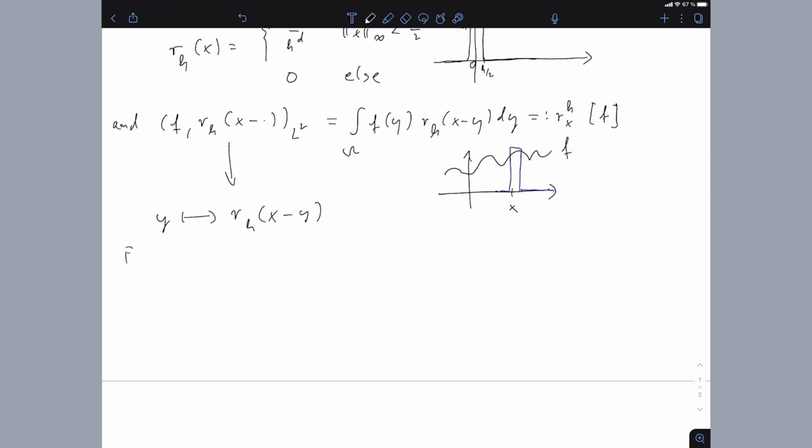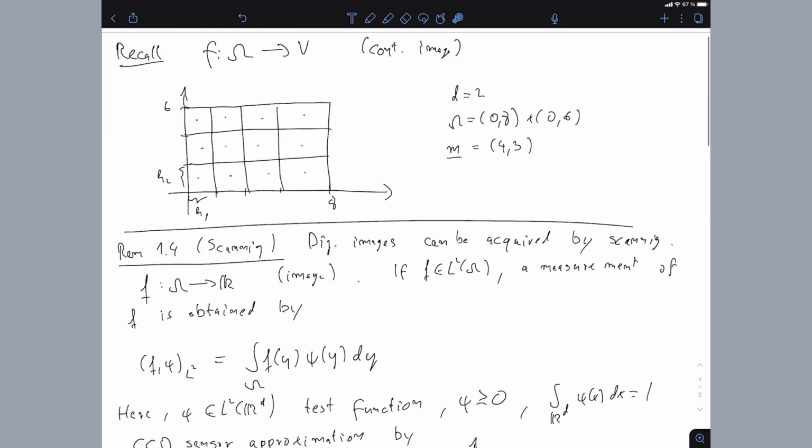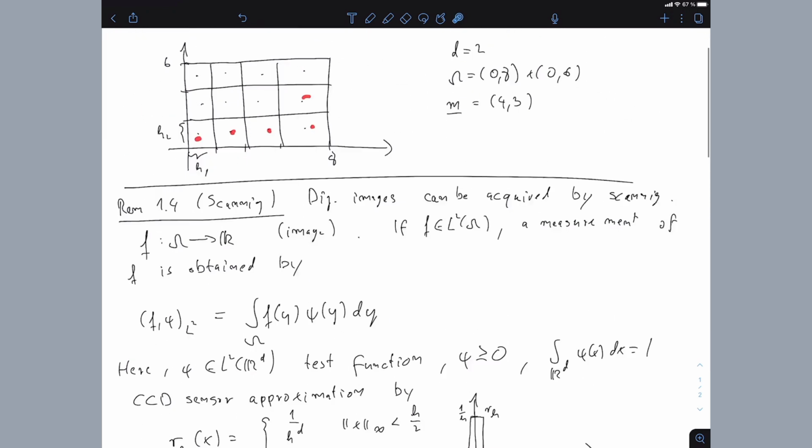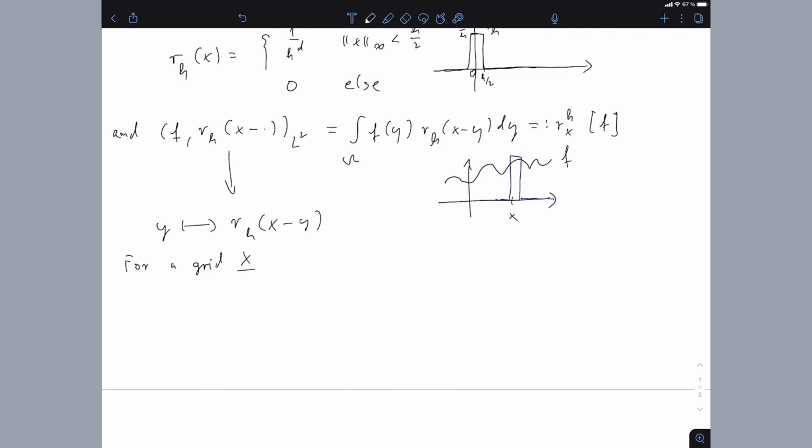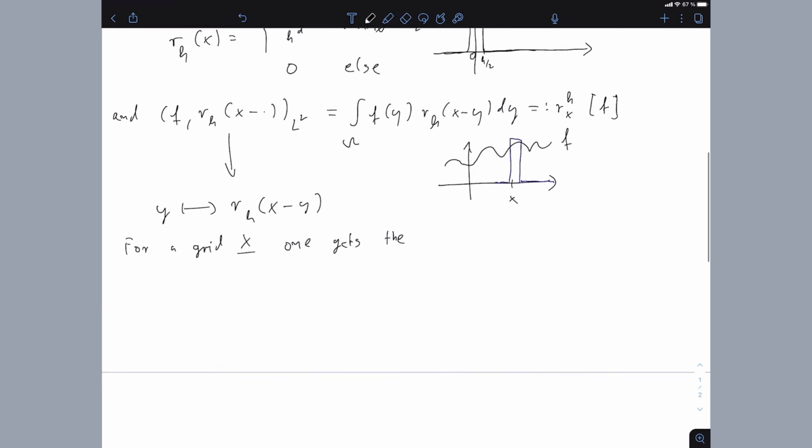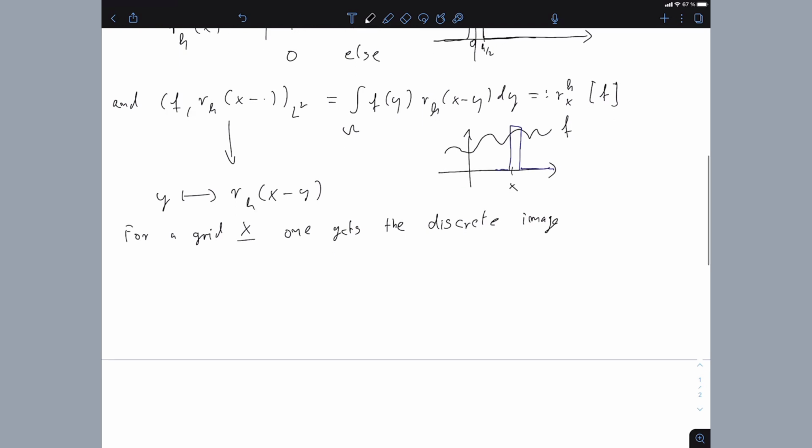And now, if we are given a grid X, so a number of these positions here, we can convert our F into a discrete image as follows. We take all these R H of F and we now go through these grid positions Xj.